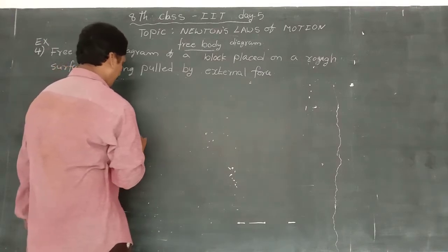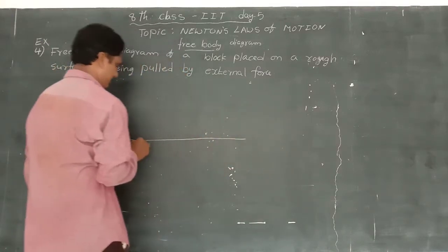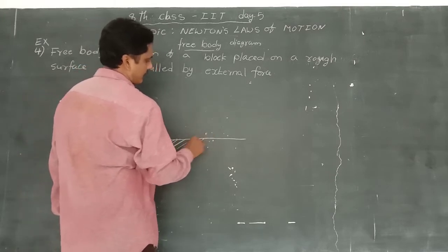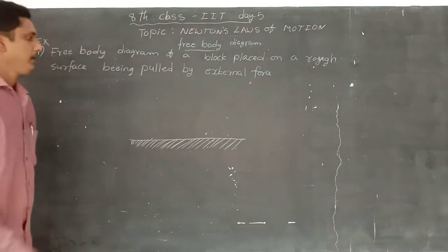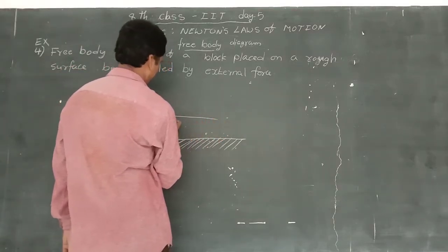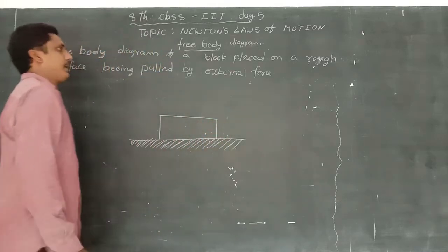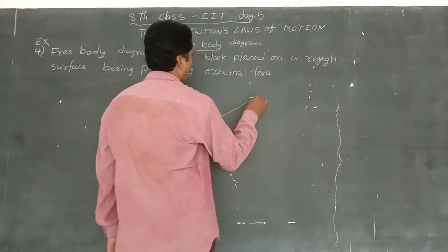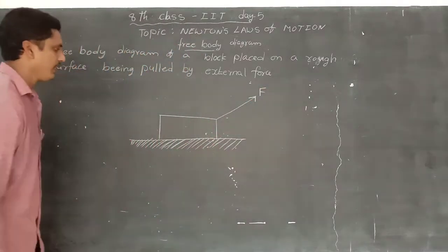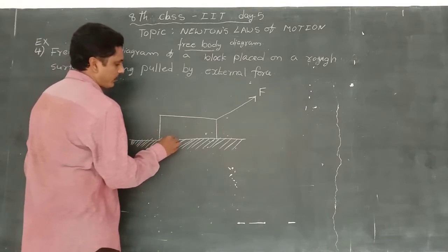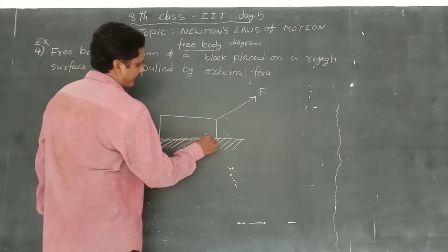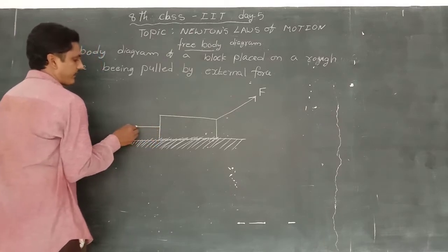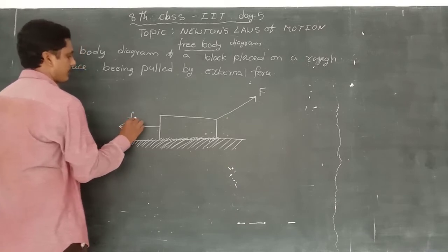Consider a body on a rough horizontal surface, being pulled by an external force F. Frictional force is produced between the two contact surfaces. This frictional force acts in the backward direction, that is small f.